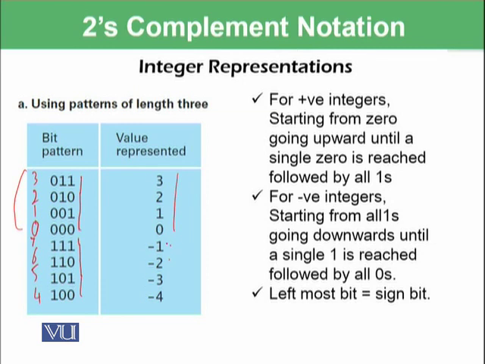So the rule is: for positive integers, starting from 0 and going upward until a single 0 followed by all ones is reached. And for negative numbers, starting from -1 and going downward until we have only a single 1 followed by all zeros.